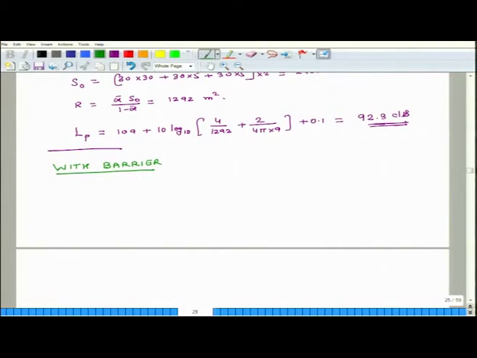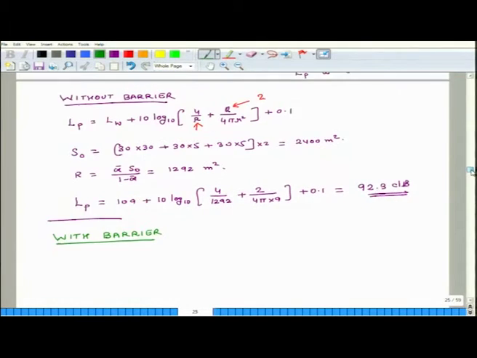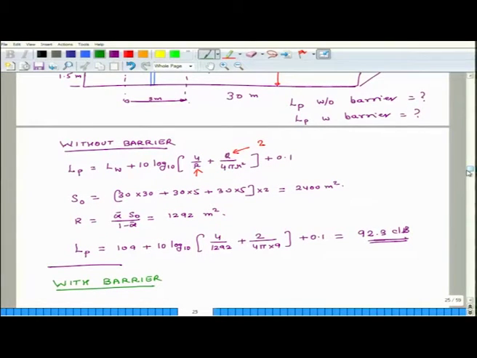So, before we compute this, I also wanted to show you some numbers. So, if you do this 4 over R, you calculate, you find that its value is 0.003095.